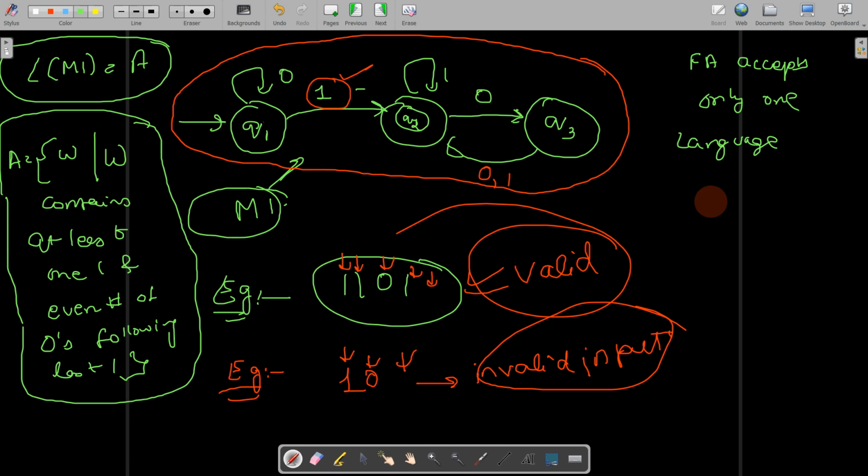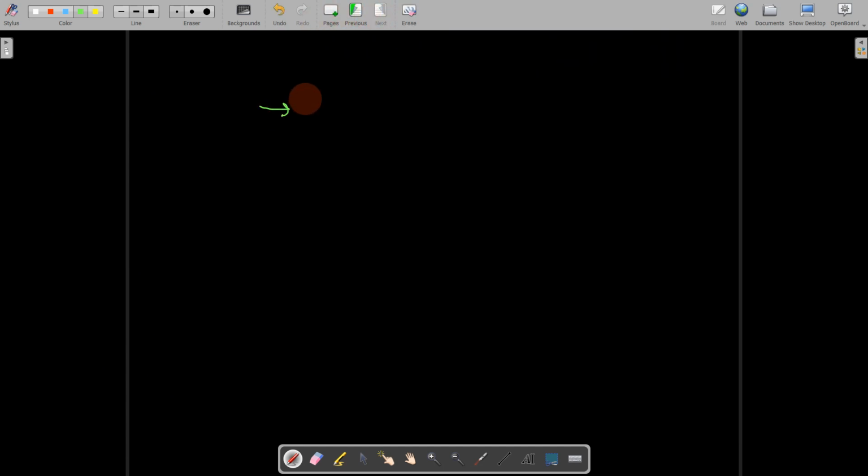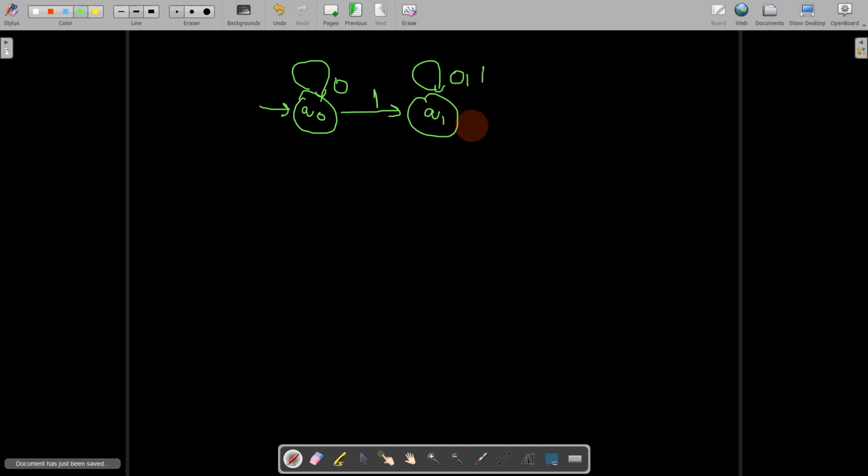Okay. So suppose there is a finite automata that has no accept states. For example, q0 and q1 on inputs 1 and 0, and on 0 and 1 it is staying over here, but see here there are no final states.